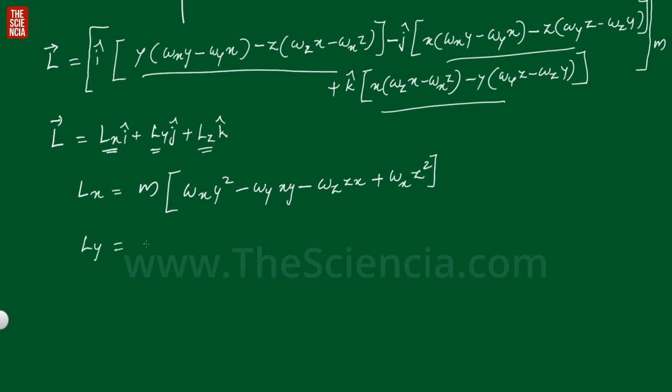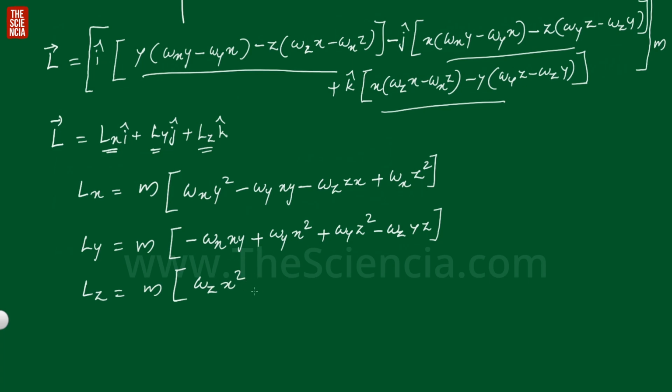And the next, Ly, will be equal to m into, taking this minus sign inside, minus omega x xy plus omega y x square plus omega y z square minus omega z yz, and we get Lz equal to m into omega z x square minus omega x xz minus omega y yz plus omega z y square, right?